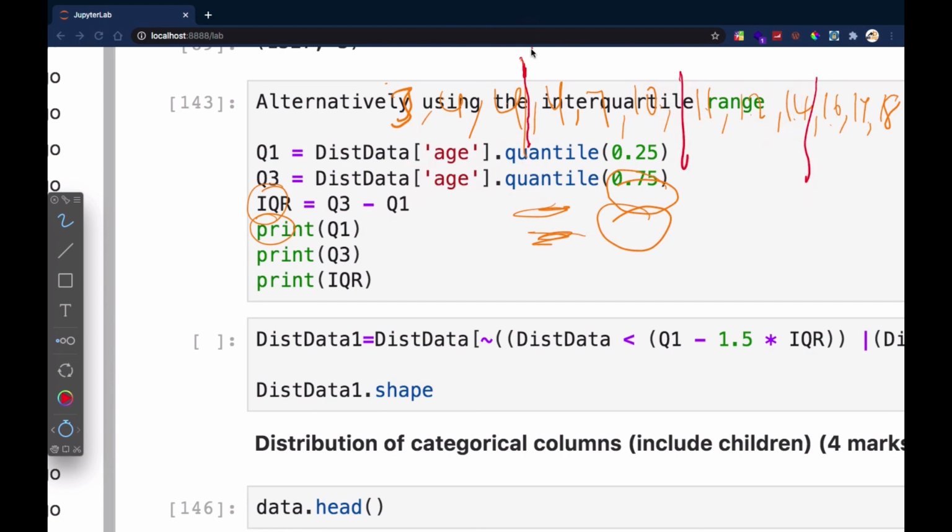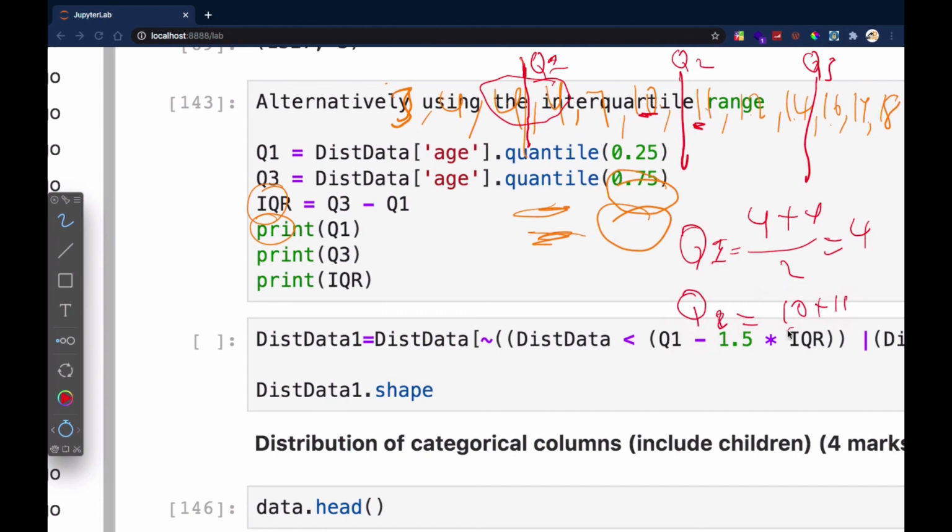I can associate my Q1 here, then my Q2, and this is going to be my Q3 over here. Now if I want the Q1, I could calculate it as 4 plus 4 divided by 2, which gives me 4. That is my Q1. My Q2 is 10 plus 11 divided by 2, which gives 10.5.